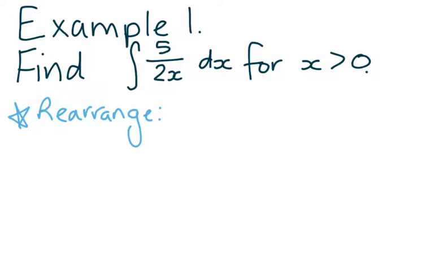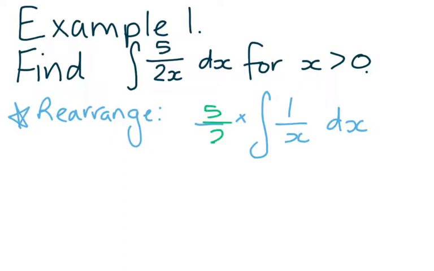So we need to rearrange it so we end up with something multiplied by the integral of 1 over x dx, because the derivative we're looking for is 1 on x, giving the natural log function. So if we need to get it back to 5 over 2x, we're going to need to multiply this entire integral by 5 over 2, which is what I've written here in the green.